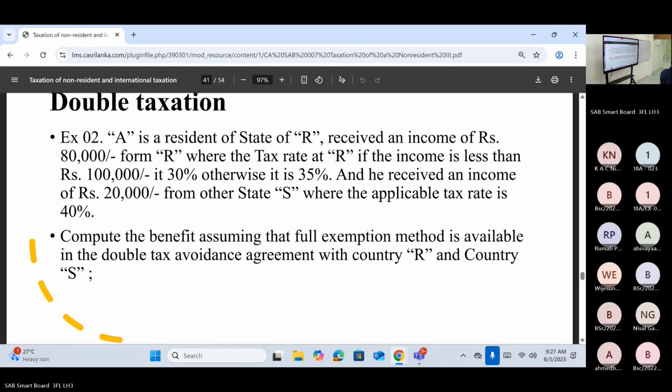What is the answer? Total tax liability 32,000.